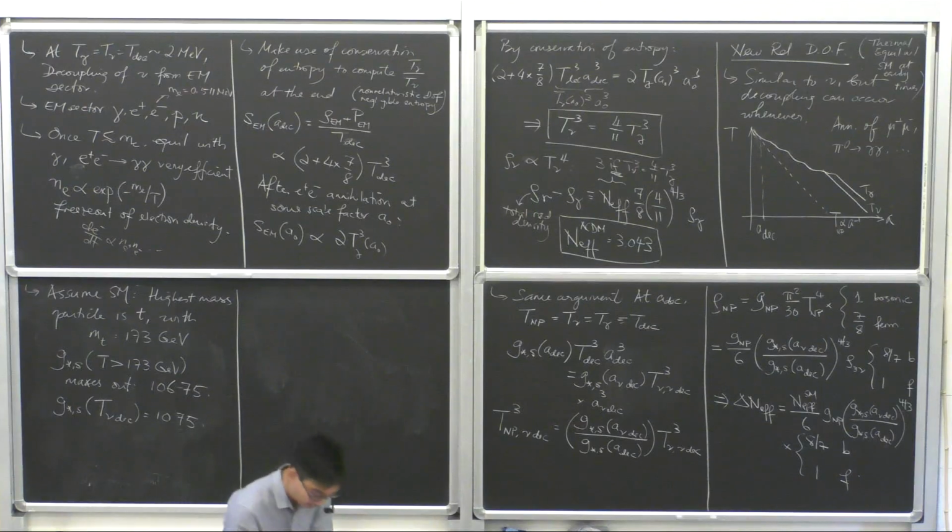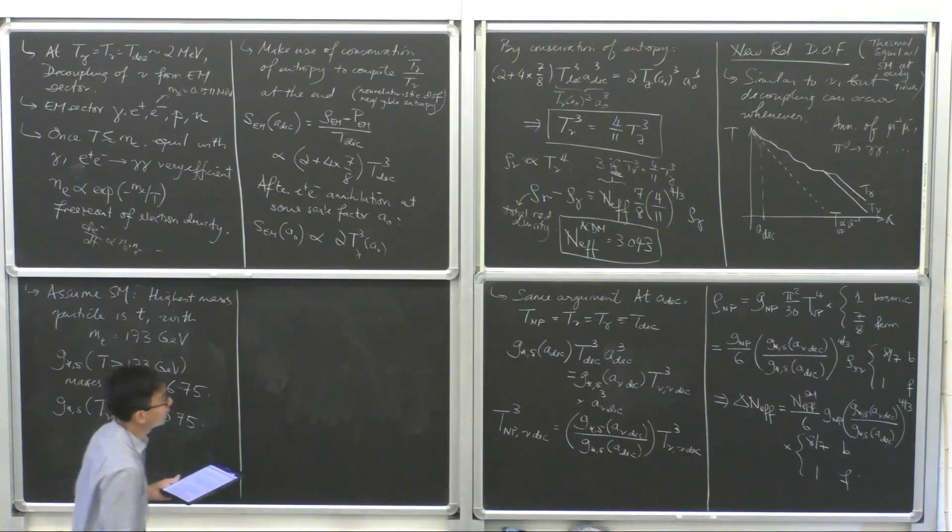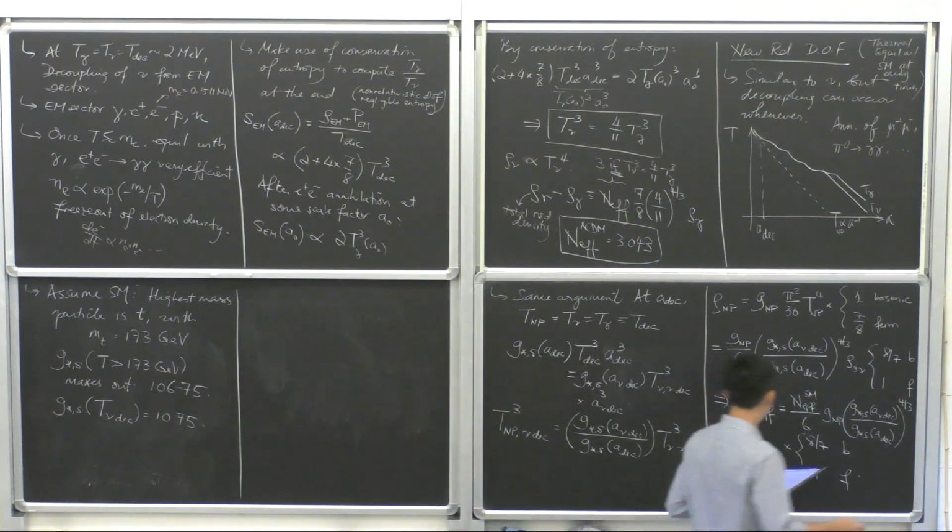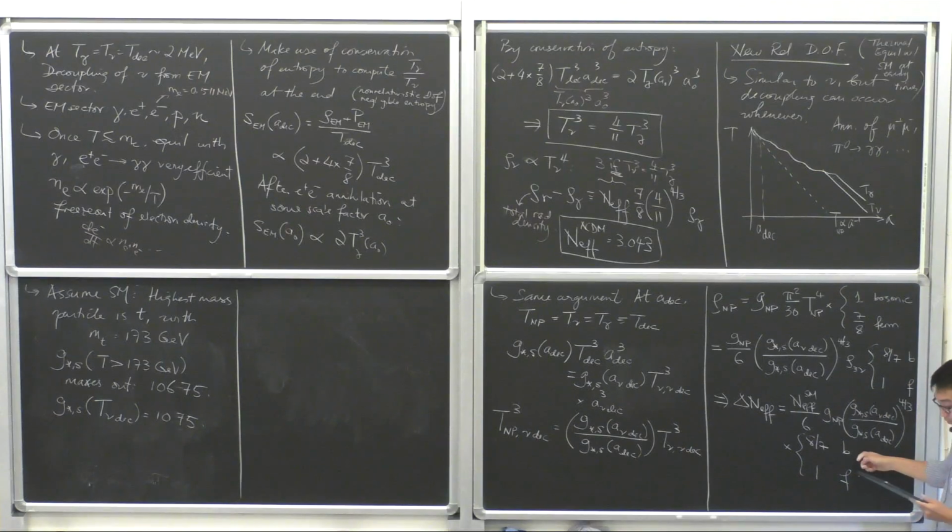Okay, and so if I choose the favorable situation, which is that g_NP is 1, it's at least 1. And in that case, I'm forced to choose it to be bosonic, because if it's fermionic, it's spin half, it has at least 2 degrees of freedom. So that's the case where I have the smallest numbers for g_NP and also including this factor.